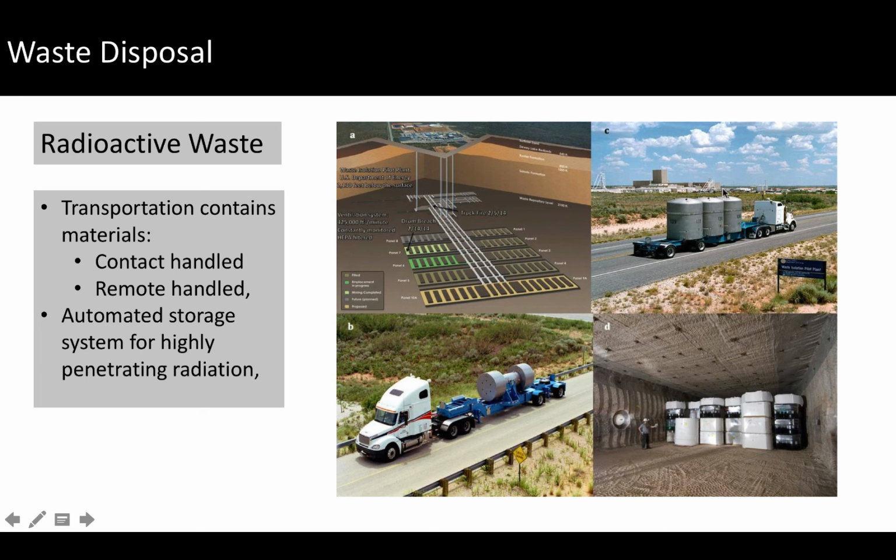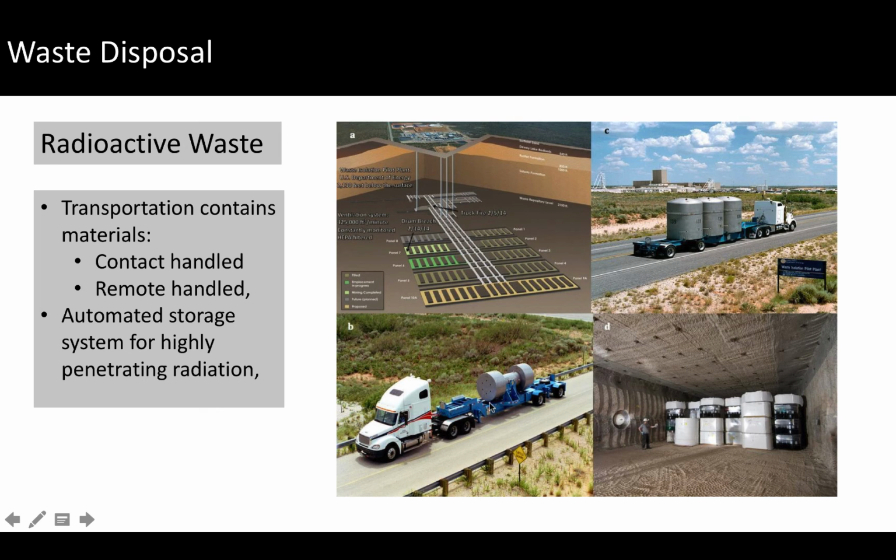It's transported in big containers like this. Depending on the kind of radiation involved, it would be in some kind of lead-lined container, which would keep, let's say, gamma rays from being emitted from the system. In some cases, there may be an inert gas or a liquid also used as a protective barrier.